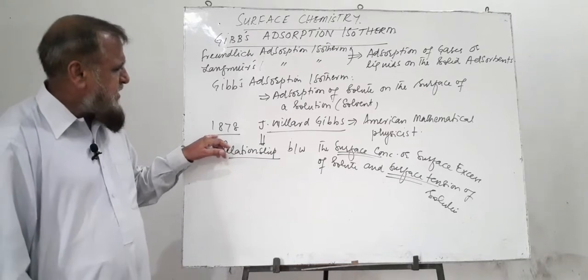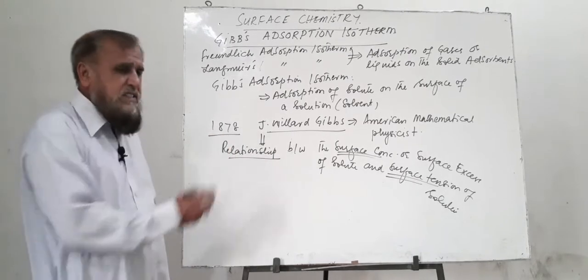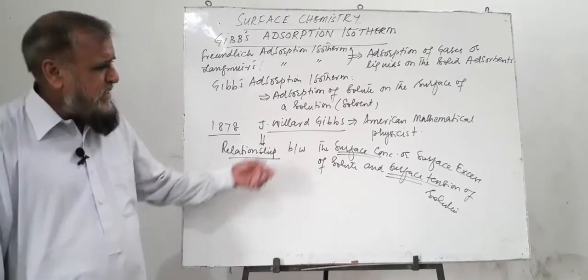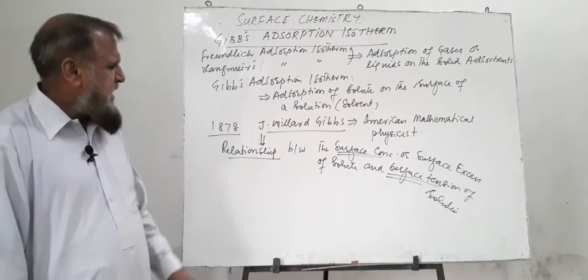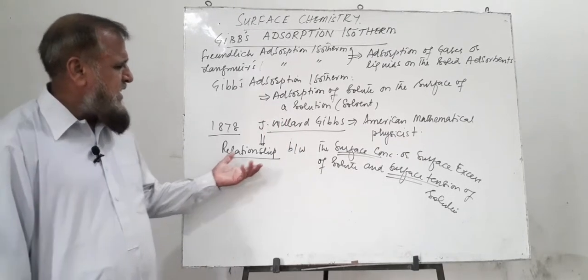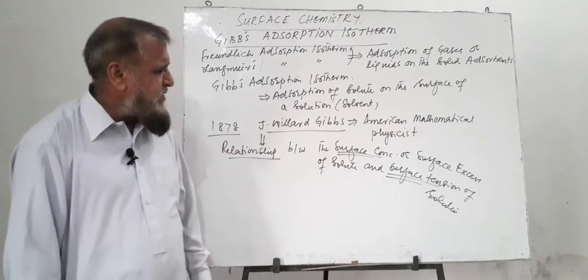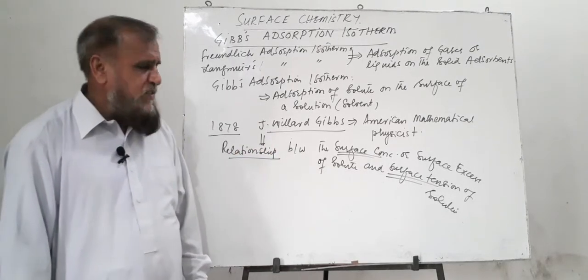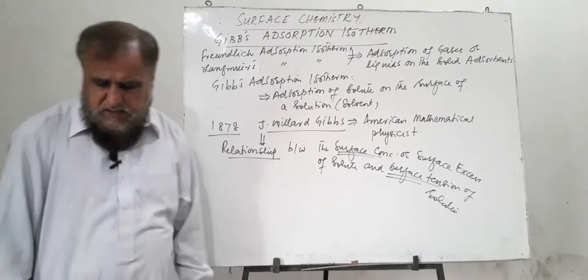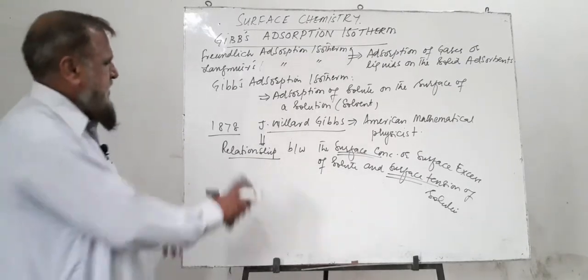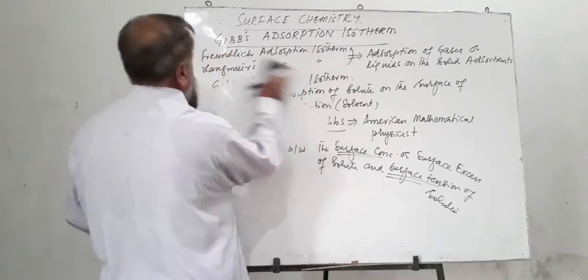This isotherm was proposed in 1878 by an American mathematical physicist, J. Willard Gibbs, and it provides us with a relationship between the surface concentration or surface excess of solute and the surface tension of solution. Let us derive Gibbs adsorption isotherm.